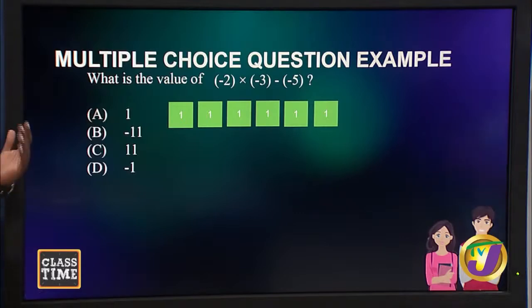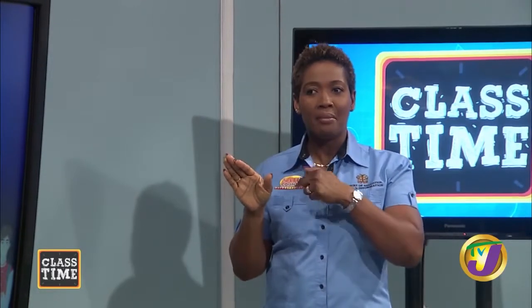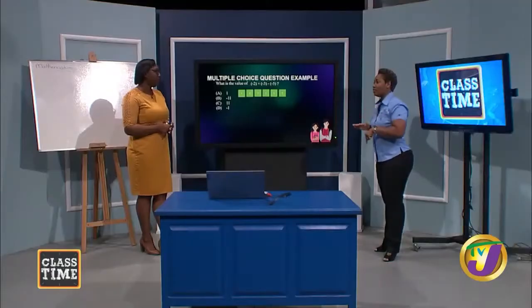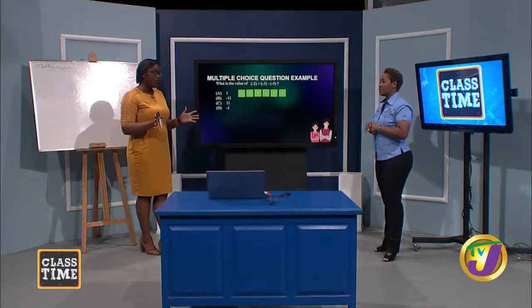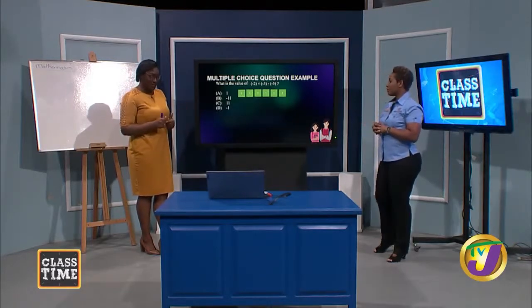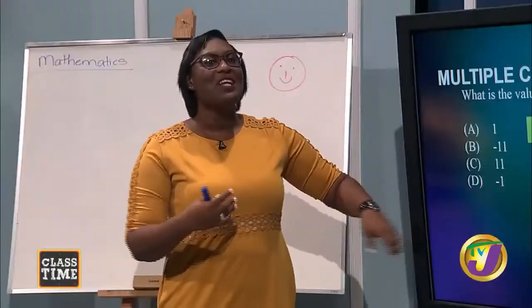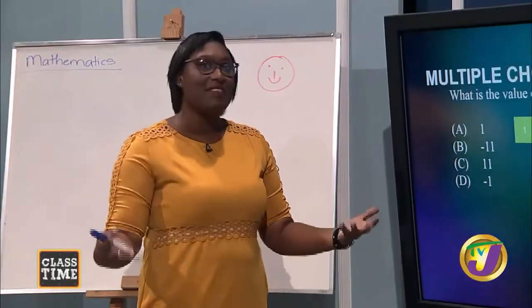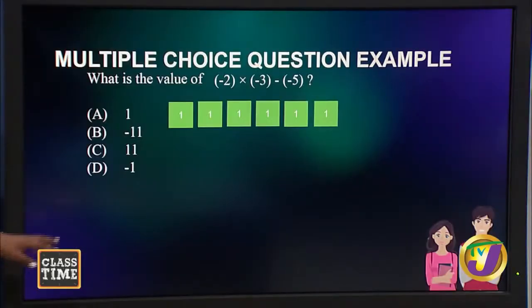Our equation does not stop there. Now we're going to subtract -5. That negative in front of the -5 is going to change the direction, so now I'm going to add 5. But in the land of algebra tiles, we don't have any -5, so we're going to introduce 5 zero pairs.